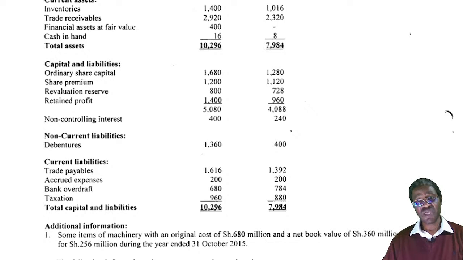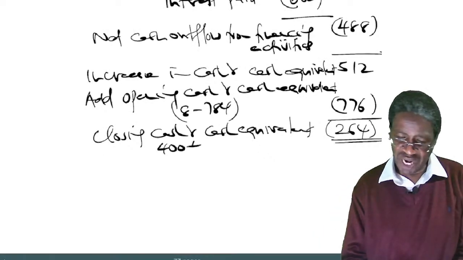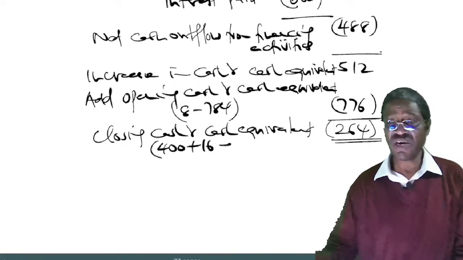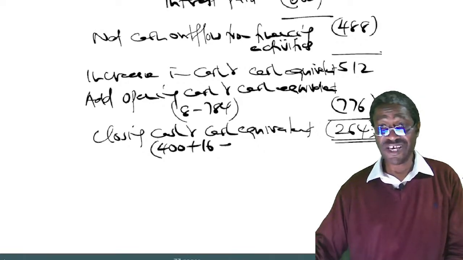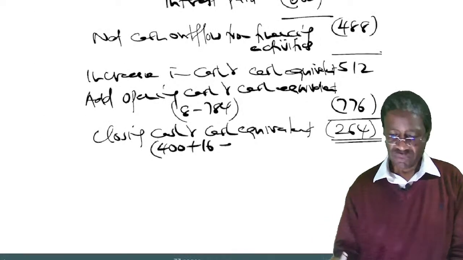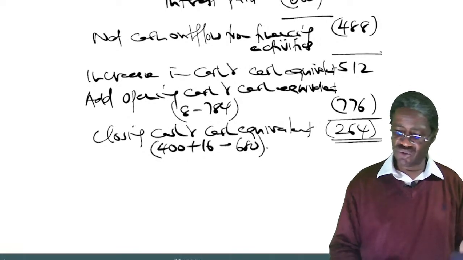Are you seeing it there? And there is cash of 16. Down there, there is an overdraft of 680. Let me confirm whether it's coming to negative 264.